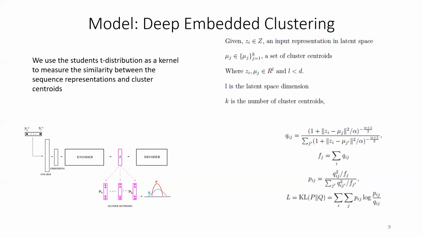Now, in the absence of a ground truth distribution to help us learn Q, we formulate an auxiliary target distribution P. Now, P is derived by squaring and normalizing each point in the original distribution. The squaring has the effect of putting more emphasis on points assigned with high confidence.